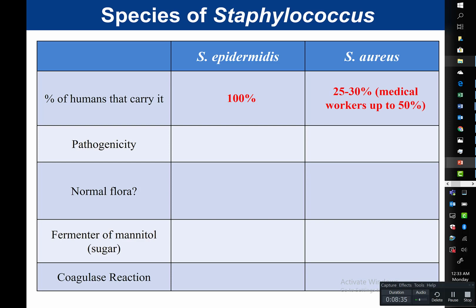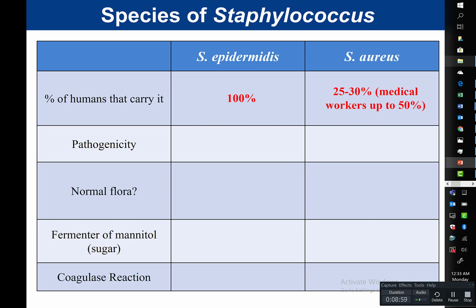That percentage goes up if you work in the medical field. Medical workers have a percentage of people that have Staph aureus as part of their normal flora up to 50%. So up to half of all healthcare workers carry Staph aureus as part of their normal flora. So this is a little bit different.